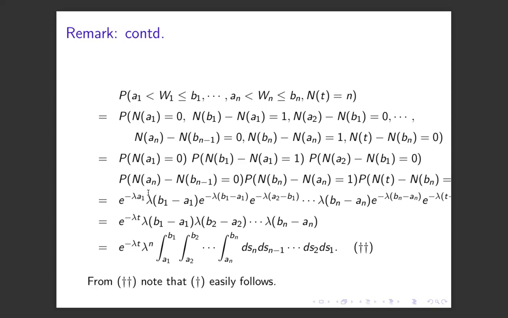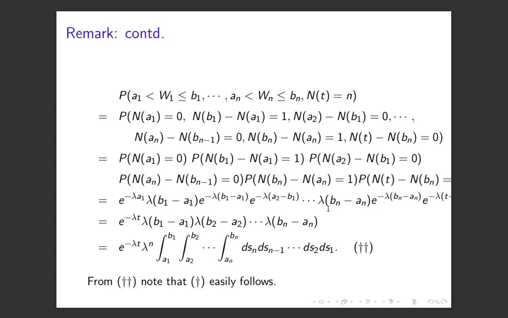And that probability is precisely lambda times (B1 minus A1) multiplied with e to the power minus lambda (B1 minus A1). And so on. Alternately, this kind of term comes, followed by the term corresponding to exactly one event, followed by the term corresponding to 0 events in that interval, and so on.